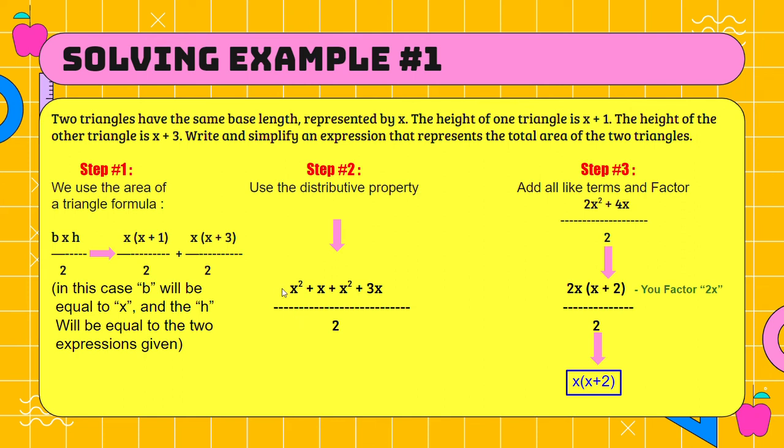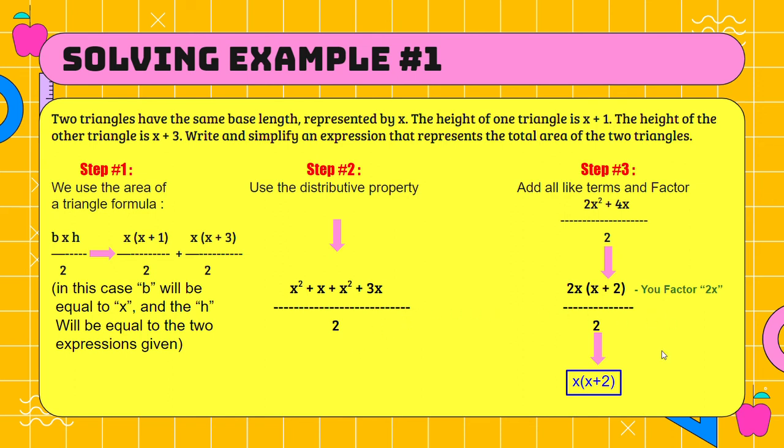Then you do the calculations, so you will get (x squared plus x squared plus 3x) over 2. And then the third step, which is the most important, you add all the like terms, just like we did before. X squared plus x squared will be 2x squared, and x plus 3x will be 4x, over 2.